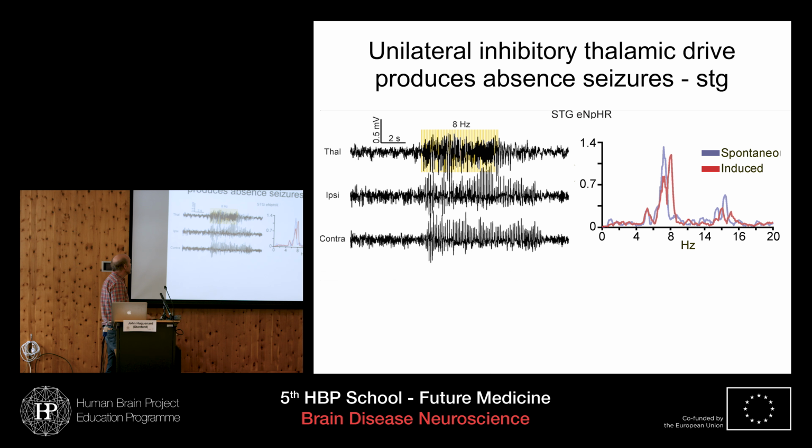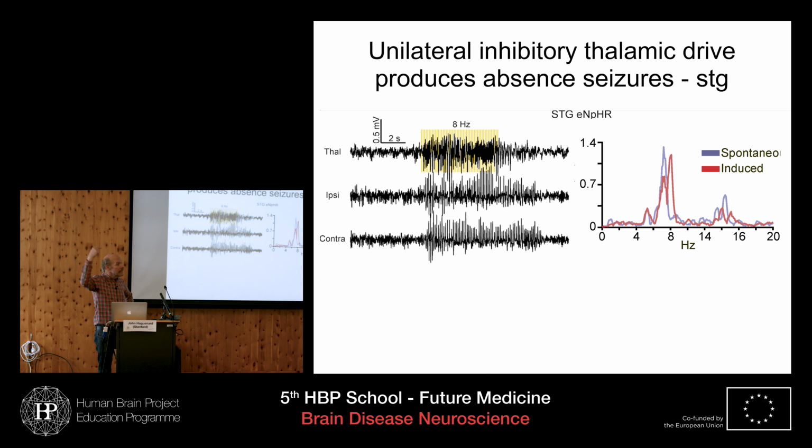And so here's an experiment I'm showing you now, EEG recordings from a rodent model of epilepsy. This is the stargazer model of mouse absence epilepsy. I'll show you a video in a second where you can see they have the same absence phenotype as humans. Here we're applying an 8 Hertz light train, and this is the frequency of the seizures in the stargazer mice.